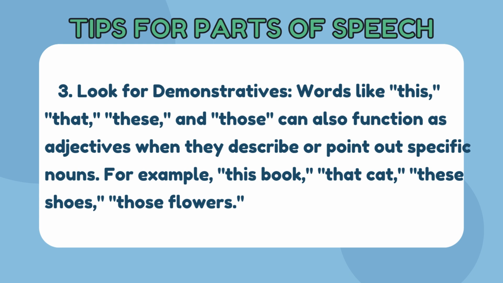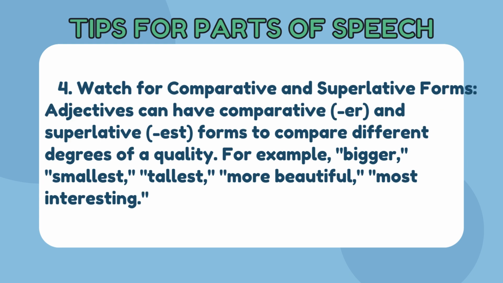But if you don't see a noun, these are pronouns. And watch for comparative and superlative forms. Adjectives can have comparative -er and superlative -est forms to compare different degrees of quality. For example, bigger, smallest, tallest, more beautiful, or most interesting.